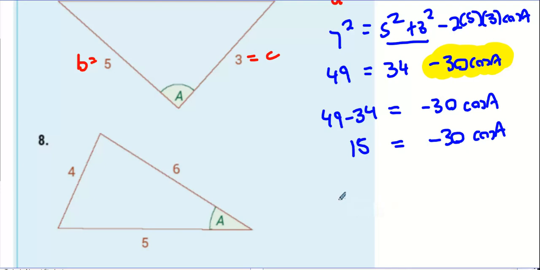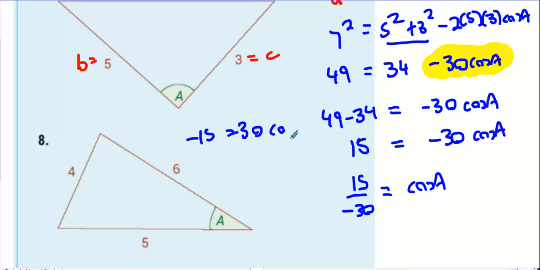Doesn't change. So you can do 15 divided by minus 30 if you want, and that can equal cos A. If some of you multiplied both sides by minus, you get minus 15 equals 30 cos A. And once again, see the 30? That'd go underneath, wouldn't it? And you could have minus 15 over 30. Believe it or not, they're actually the same thing. You put them both in the calculator, you get the same answer for both of them. Doesn't matter. So what's the last step then?